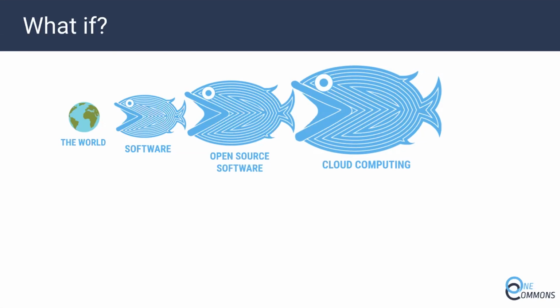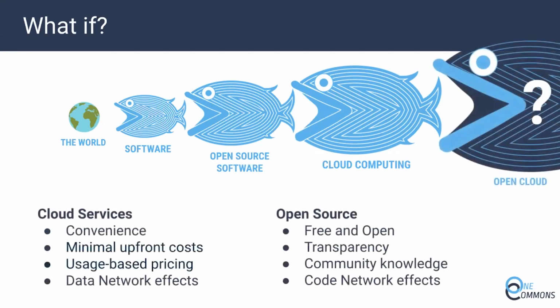So the question is, what if you could combine them both? What if, in the same way anyone could reuse open source software, anyone could reuse, remix and fork actual cloud services? What would happen in that world where you could do that and you could have all these things combined?